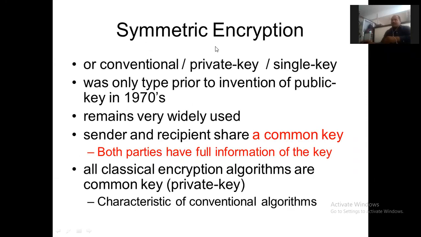And symmetric encryption, we have already started. The main concept of symmetric encryption is that sender and recipient share a common key. So both parties have full information of the key. What does party mean here? The sender is one party and the receiver is the other party.